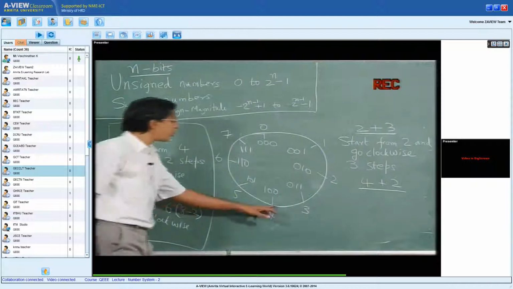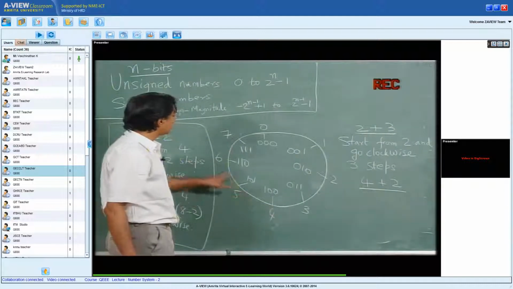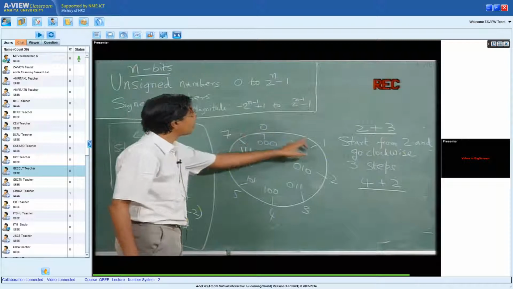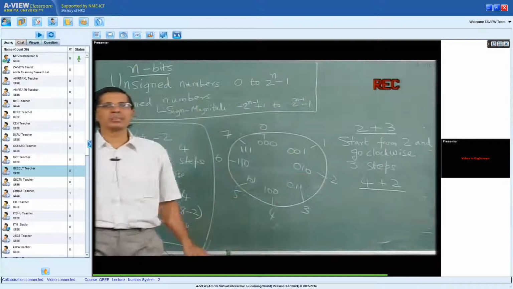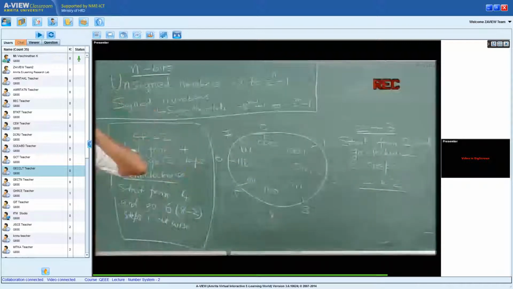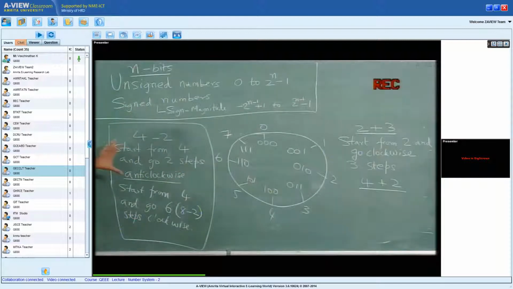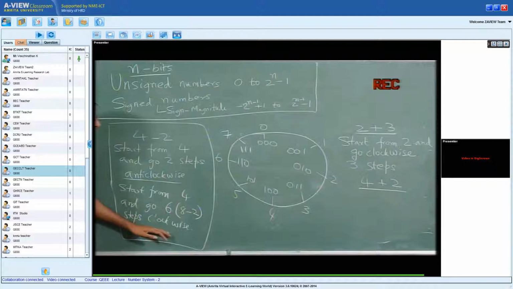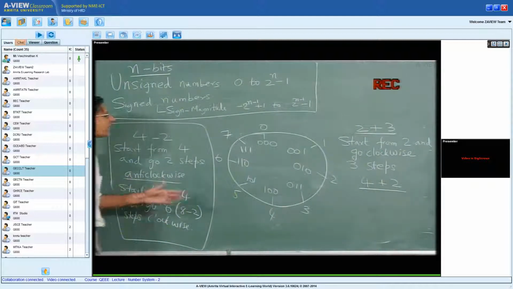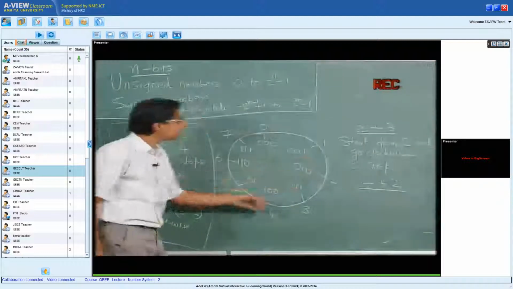So 1, 2, 3, 4, 5, 6 and I get 2. So this subtraction operation I have actually modeled now as addition, exploiting the fact that the arithmetic is cyclic in nature.